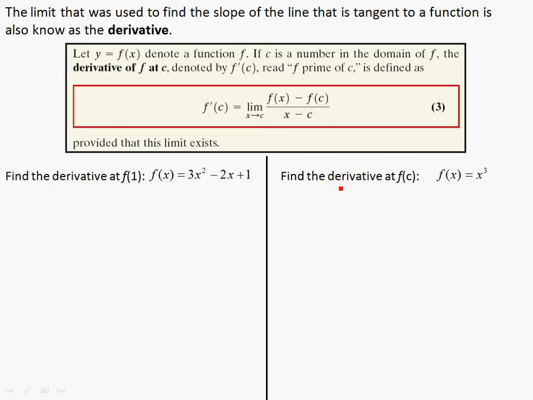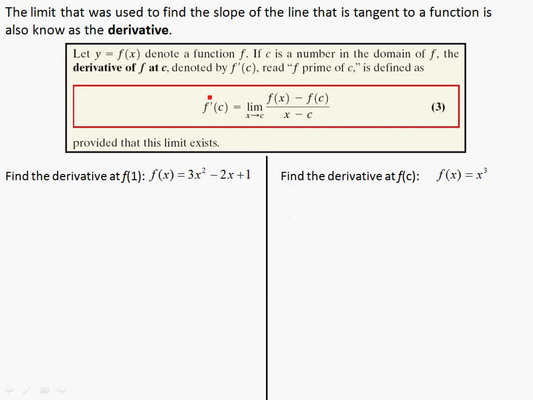Because that concept is so important in math, they gave this its own special name. It's called the derivative. Because it's so special and it has its own special name, it has its own special symbol. It's called f prime of c. So, I lost my marker.